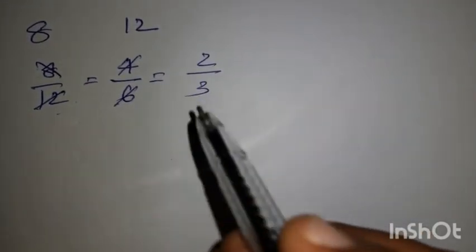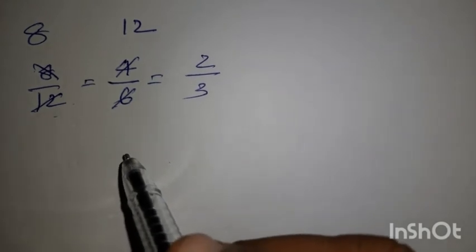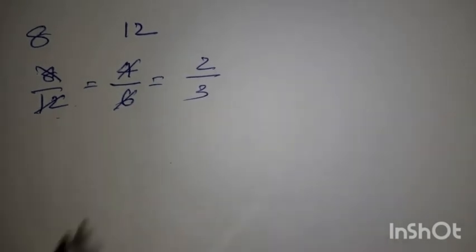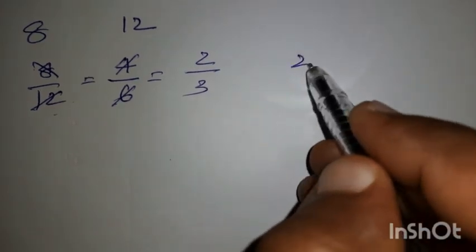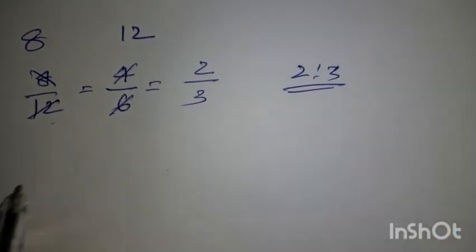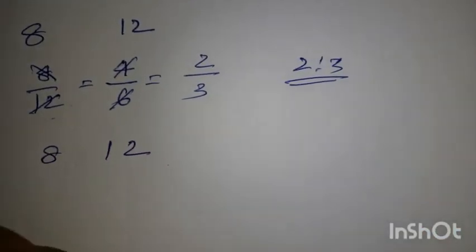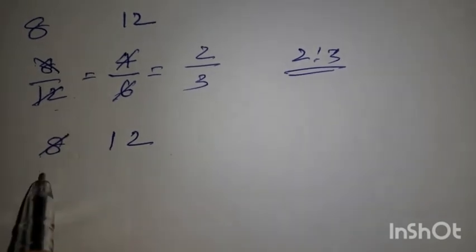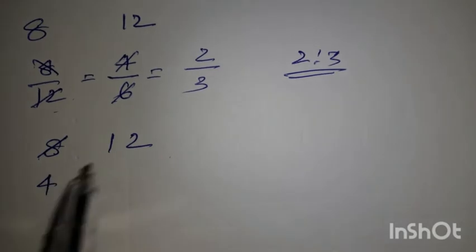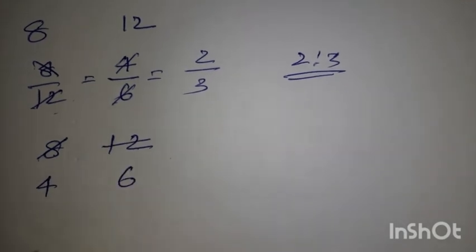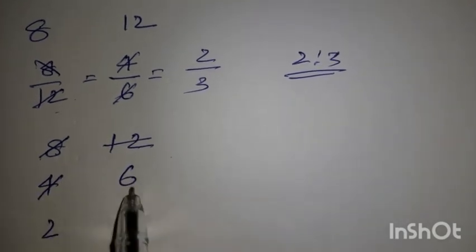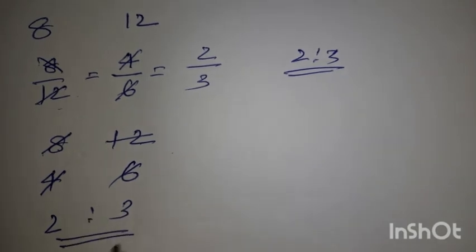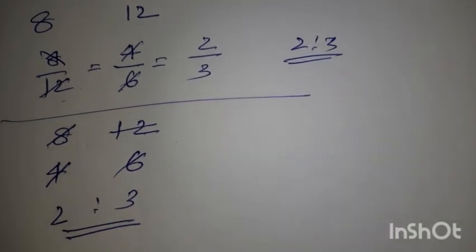If you divide with 2 you will get 2 is to 3. Or directly you can write as 2 is to 3. So 8 and 12, or use this method. Common number you have to divide. If you divide 8 with 2, we will get 4. If you divide 12 with 2, we will get 6. Again, you can divide with 2, 2, 3. So 2 is to 3. Like that also you can do it.